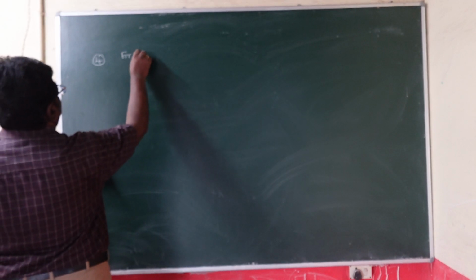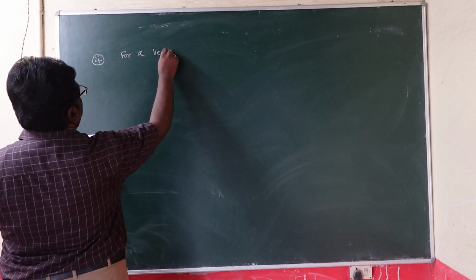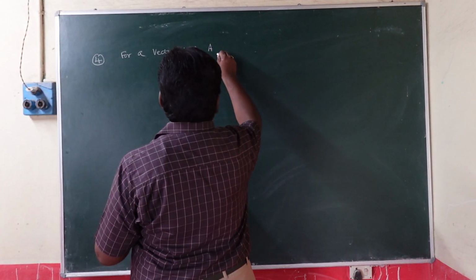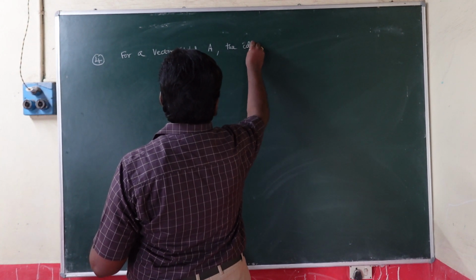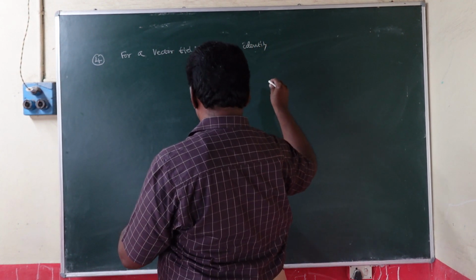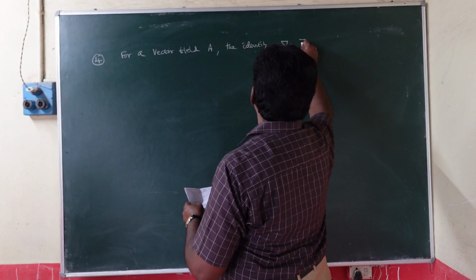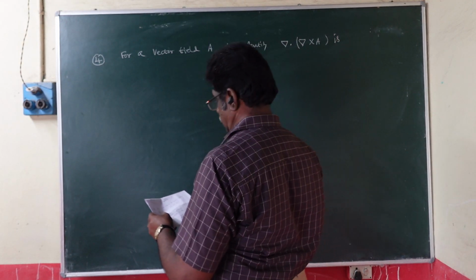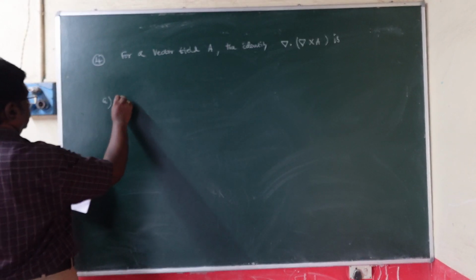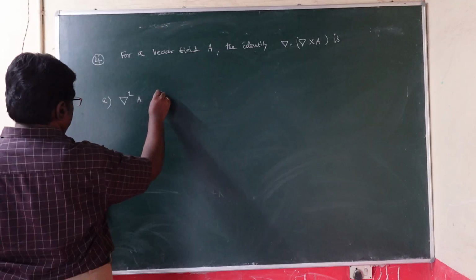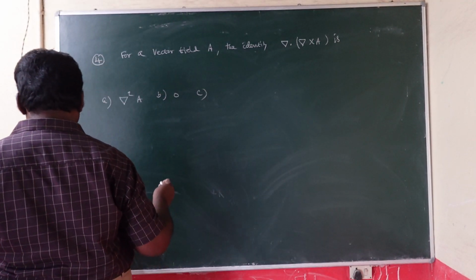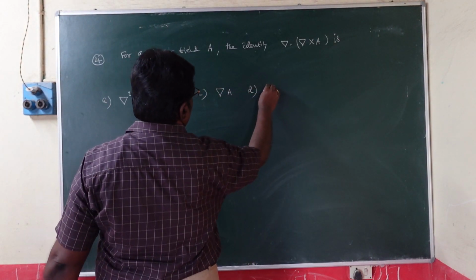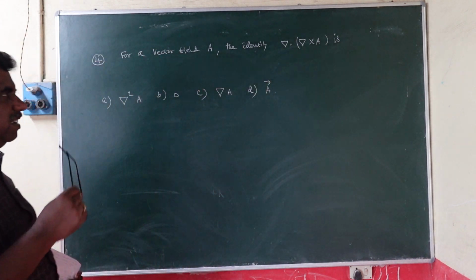For a vector field A, the identity del dot curl A is: option A del square A, option B 0, option C grad A, option D vector A. This is a vector identity.